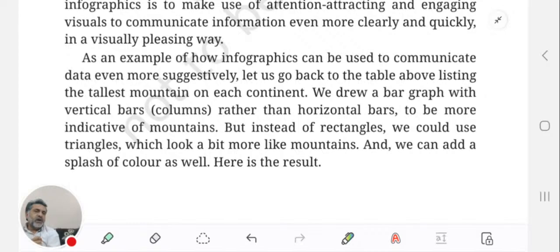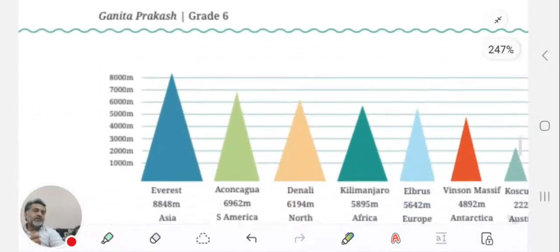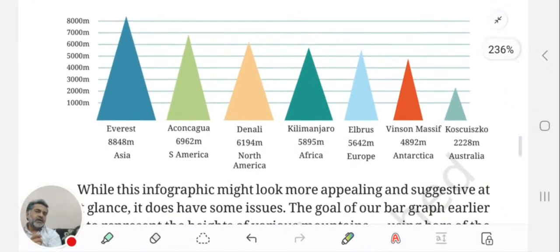We draw a bar graph with vertical bars column rather than horizontal bar to be more indicative of mountains, but instead of rectangles we could use triangles which look a bit more like mountain, and we can add slabs of color as well. Here is a result. જો આવો ગ્રાફ બનશે સરસ, કેટલું સરસ લાગે જો. તો માઉન્ટ એવરેસ્ટ આપણે જોઈને ખબર પડી જાય.